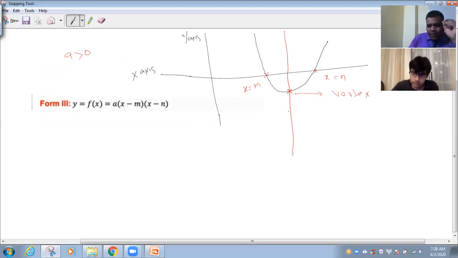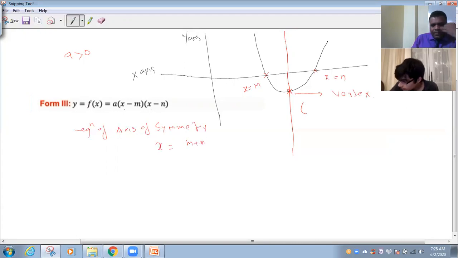So can you tell me what the x coordinate is? First, can you tell me the equation of the axis of symmetry? The axis of symmetry is x is equal to m plus n over 2. Correct.